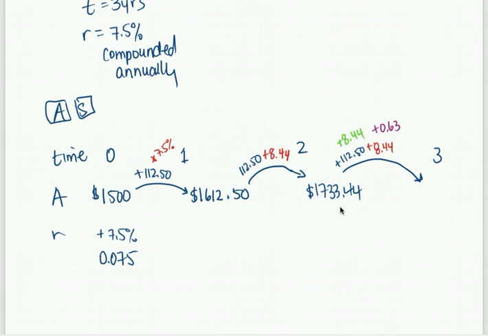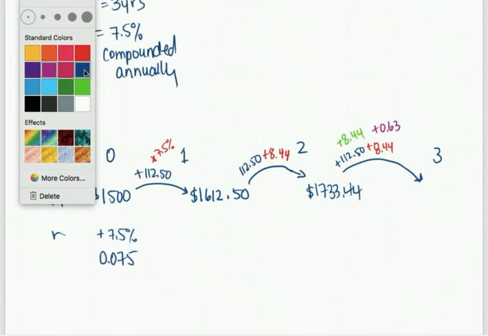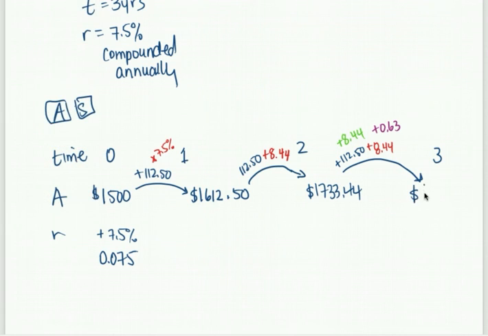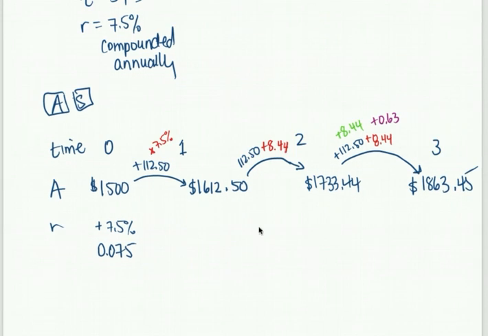And now, after 3 years, we're going to have $1,863.45. Okay, so that's how we calculate compound interest.